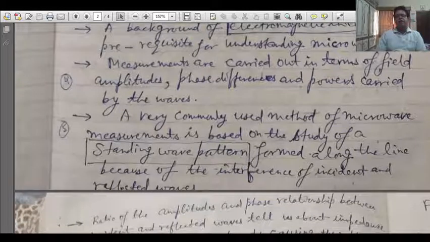Measurements are carried out in terms of field amplitudes, phase differences, and powers carried by the waves.